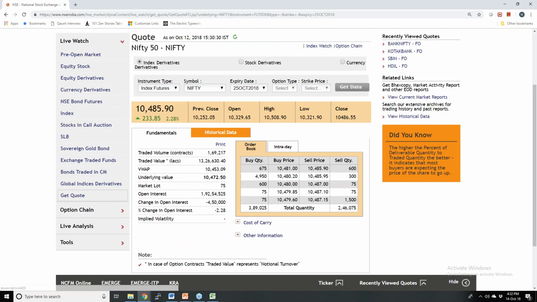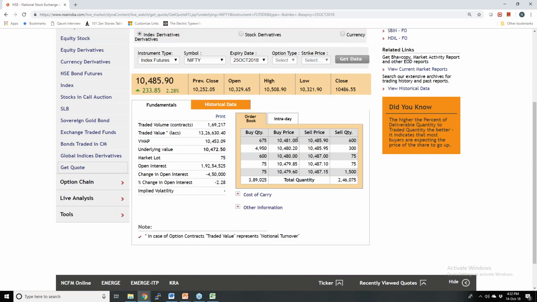So this is, can you see, this is the order book. So there's a person who wanted to buy Nifty at 10,481, 675 shares. And there was a person who wanted to sell 600 shares at 10,485.9.